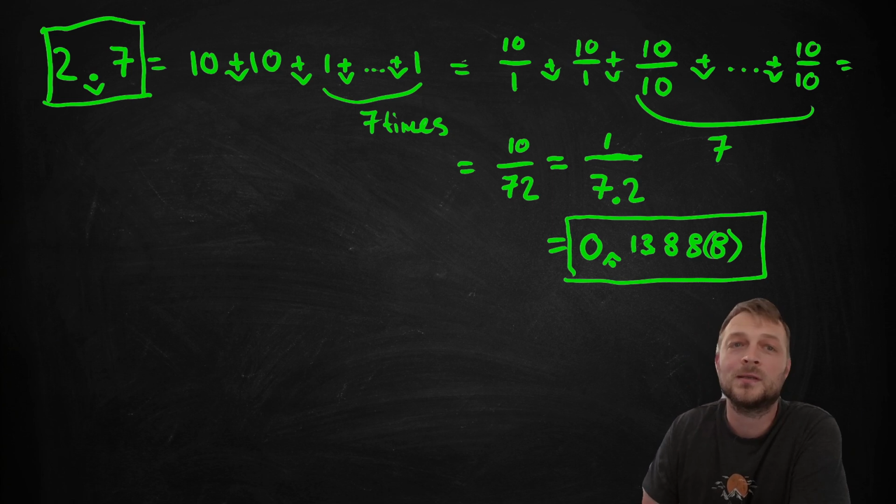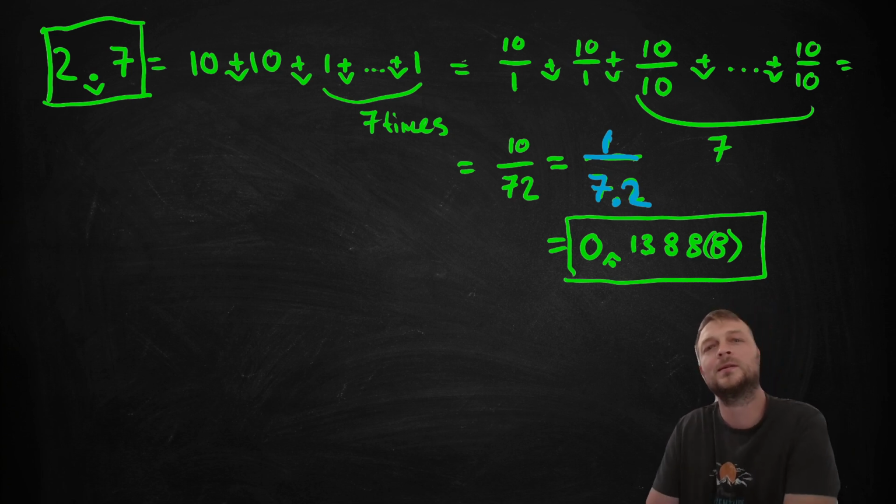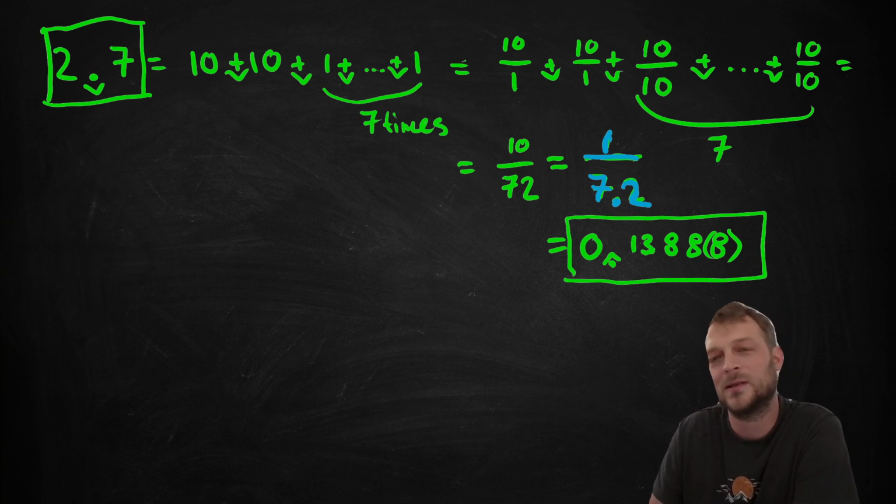We see here something interesting. So here, 1 over 7.2 looks very similar to 2.7 but in reverse. So let's try and play the game in the opposite direction.